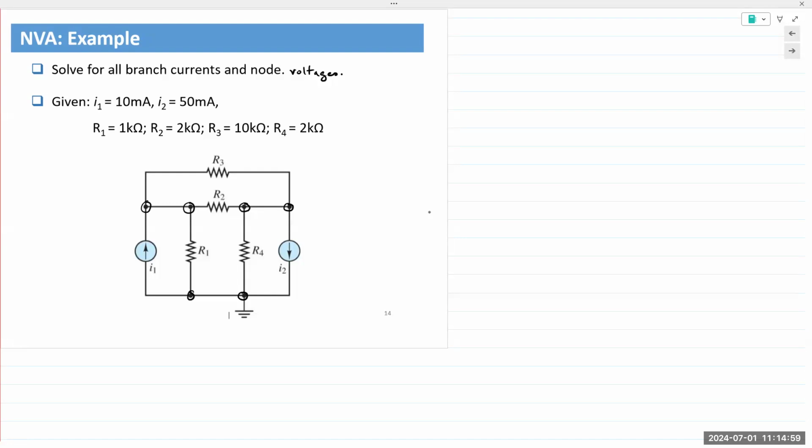Anyone online would like to state an answer? There's no penalty for guessing. Okay, let's put it this way. How many of you agree with 6 nodes?